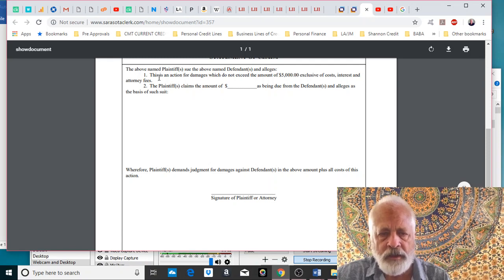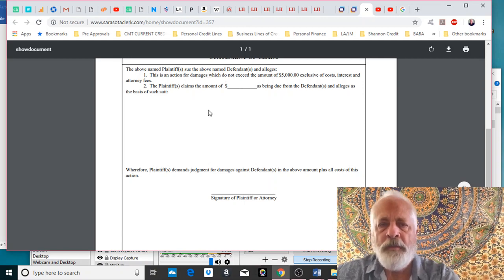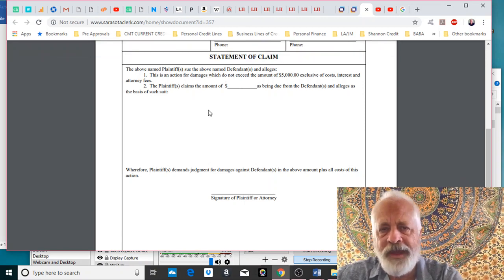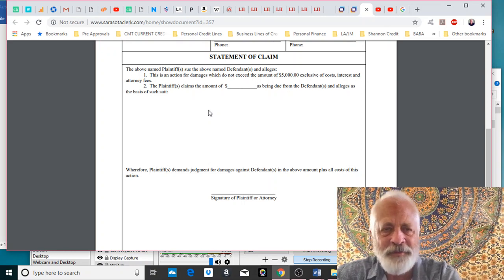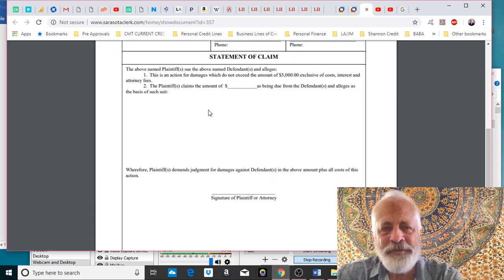This is an action for damages that can't exceed $5,000. Great. A lot of people say, well, my mortgage is way more than $5,000. Why would I do small claims? I don't get it. Well, you're not suing them for the money in here. You're getting them in the courtroom to see if they have the paperwork. And you're using a trick to get them in the room.